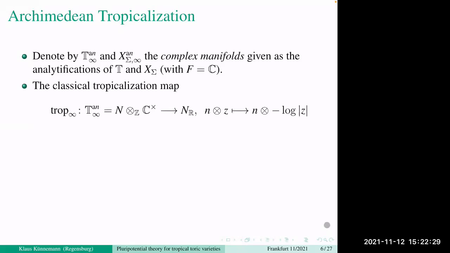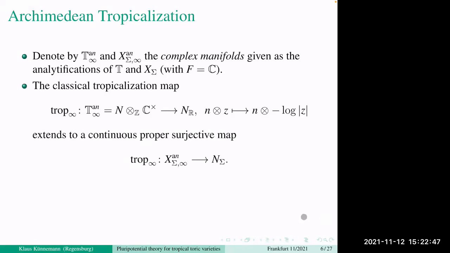Then you have the classical tropicalization map: the complex points of your manifold are given like this, and the map minus log absolute value defines the tropicalization map. This map has a natural extension to a proper surjective map. So you can go from the complex toric variety to the tropical toric variety in a canonical way, and the compactification is done in such a way that this fits.